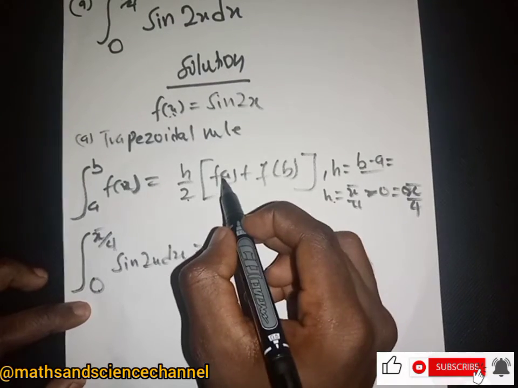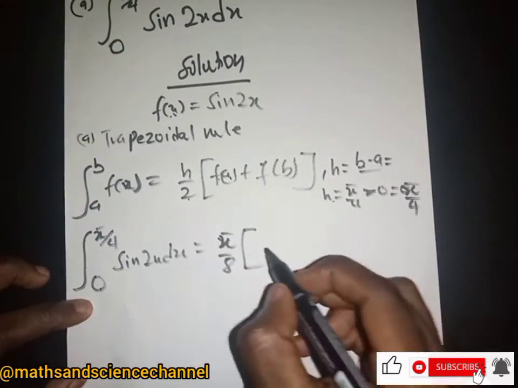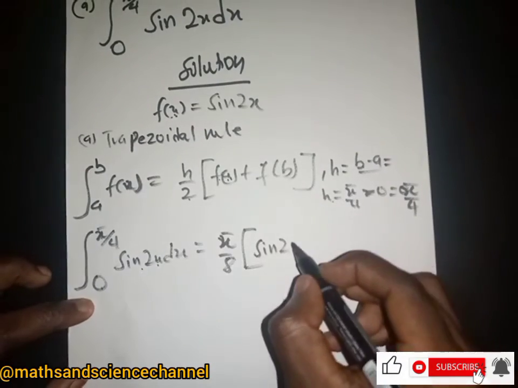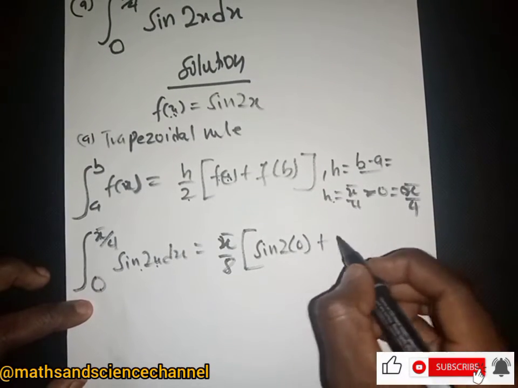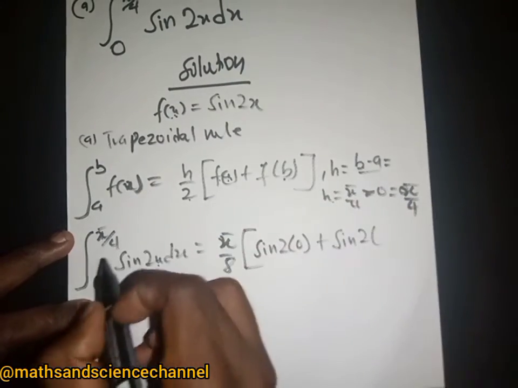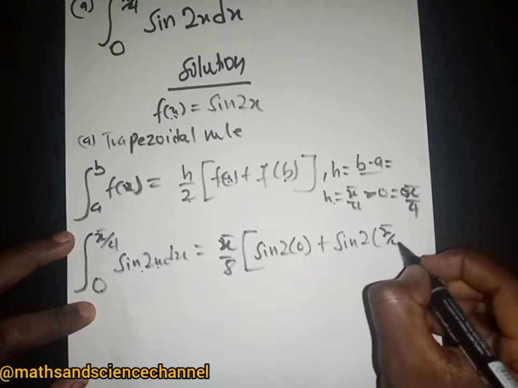Then we have f of a, which is sine 2 times a, and a in this case is just 0, plus sine of 2 times b, where b is pi over 4.